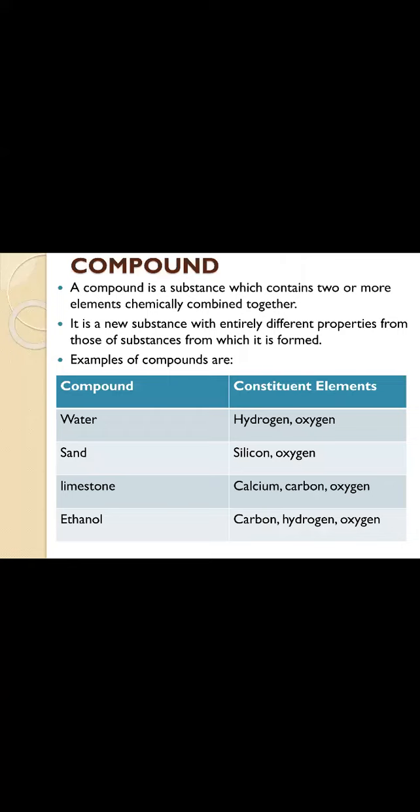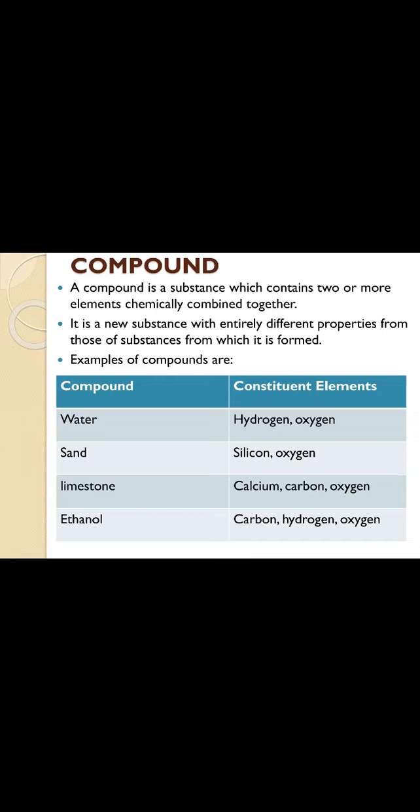Don't forget, elements and compounds are pure substances, but a mixture is regarded as an impure substance. Now a compound is a substance that contains two or more elements chemically combined together. For every compound, they must be combined chemically.